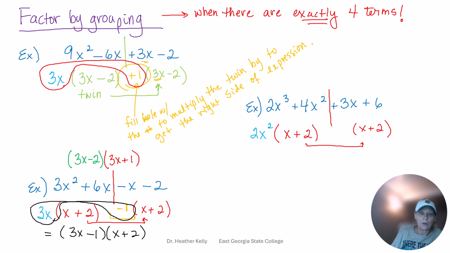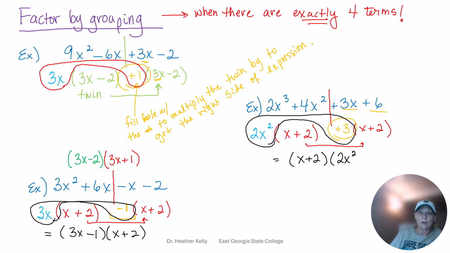Then I want to know, what do I need to multiply x plus 2 by to get 3x plus 6? That would be a positive 3. And so our factors here are going to be our x plus 2, and then whatever's on the outside of the twins, and in this case it's going to be 2x squared plus 3.